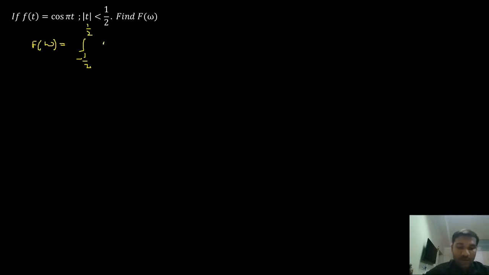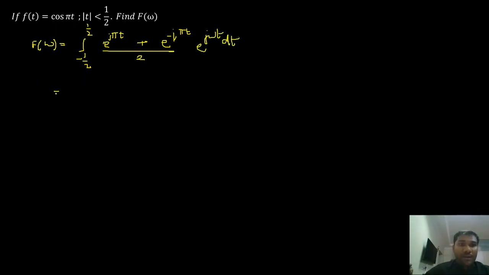How can I write cos pi t? Cos pi t I can write as e power j pi t plus e power minus j pi t divided by 2, into e power minus j omega t dt.